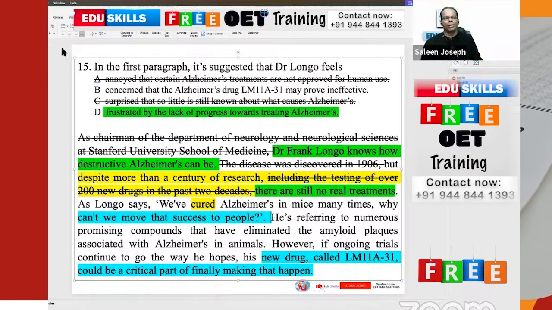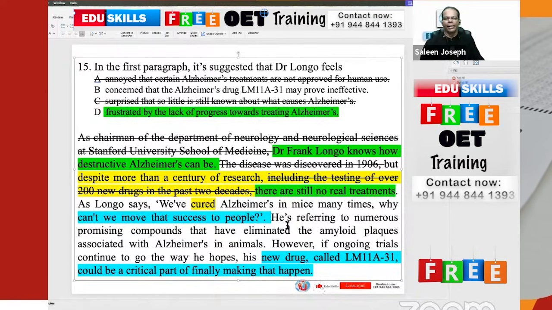Frustration. We are trying so much, we are able to treat this in mice and animals, so why can't we do that with human beings? And people in Kerala or Tamil Nadu are doing it, why can't we do it? Okay, frustration. So he is referring to numerous promising compounds that have eliminated the amyloid plaques associated with Alzheimer's in animals.